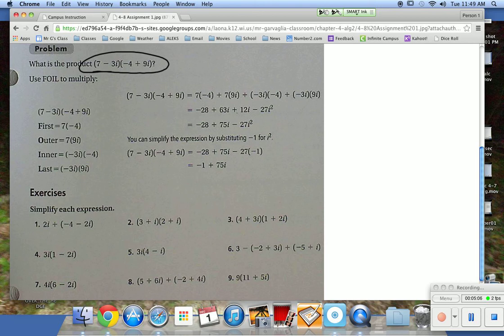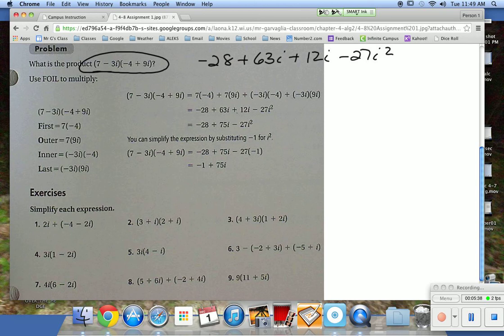So 7 times negative 4, which is negative 28. 7 times 9i, which would be a plus 63i. Negative 3i times negative 4 would be a plus 12i. And then negative 3i times plus 9i would be a negative 27i squared.